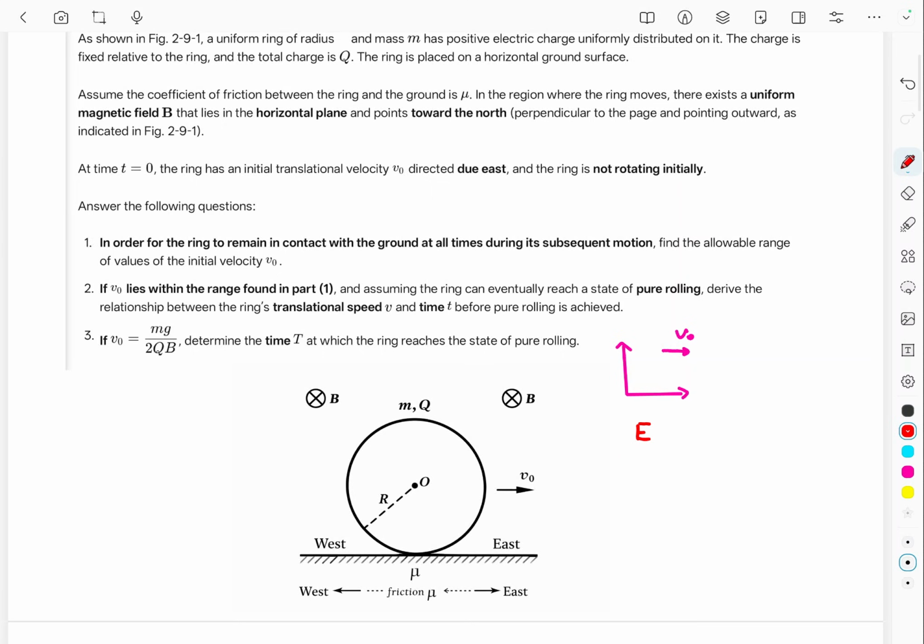The new electric field is E vector plus V vector cross B vector, where E and B are the fields in the original frame, which is the ground frame in this problem. The magnetic field transforms as the original magnetic field minus V vector cross E vector divided by c squared.